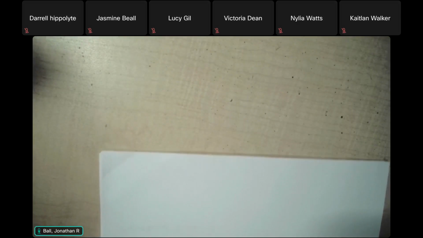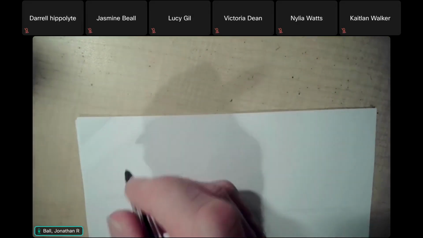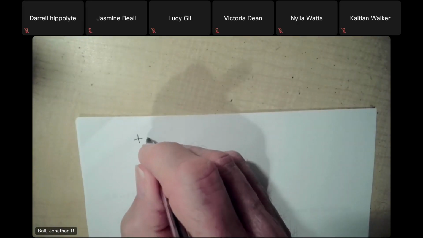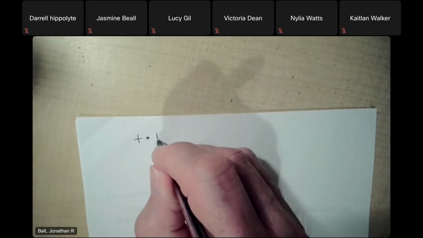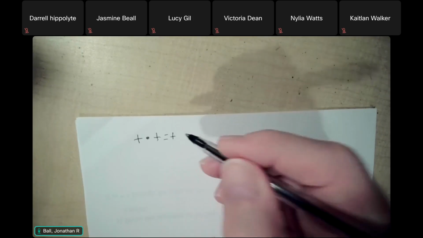Okay, before I forget, this is something that seems to give everybody fits. If you have a positive number times a positive number, what is that going to equal? A positive number.